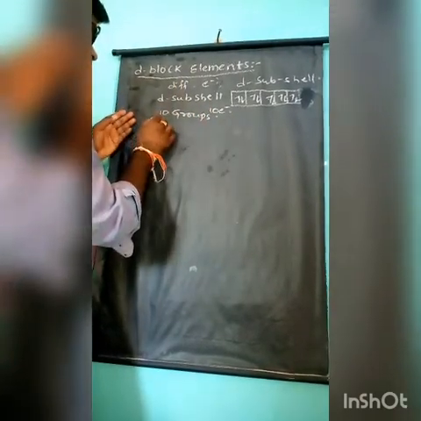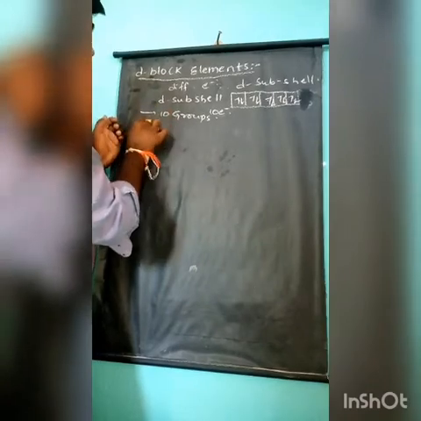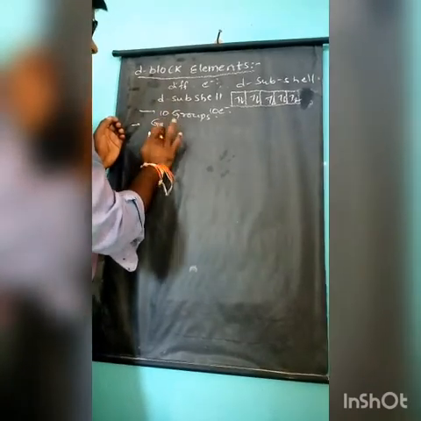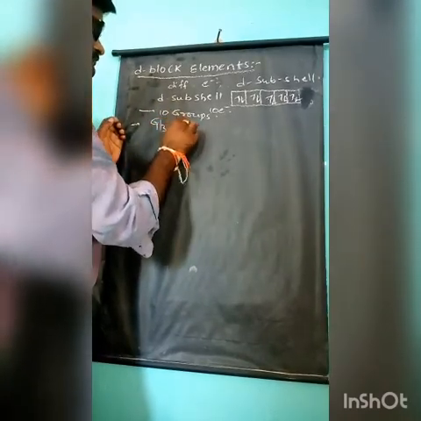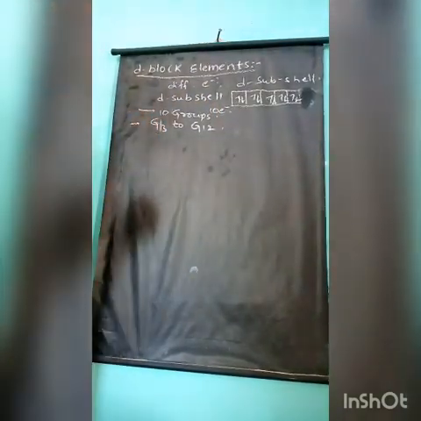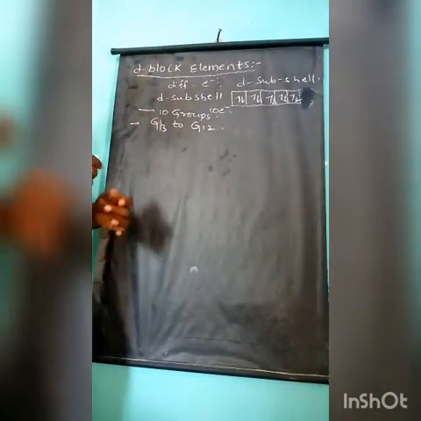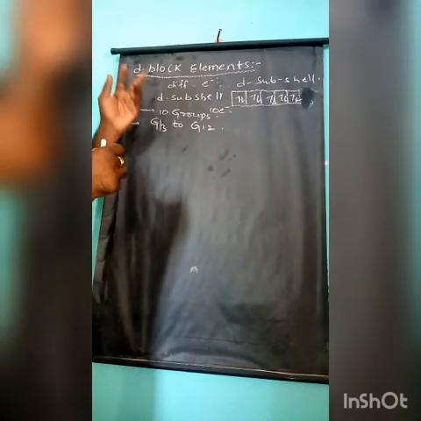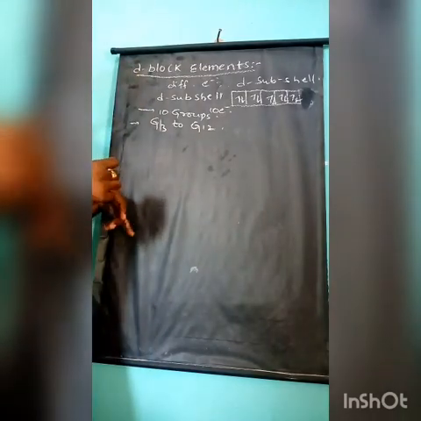What are the groups? They are G3 to G12, and they are all d block elements only.